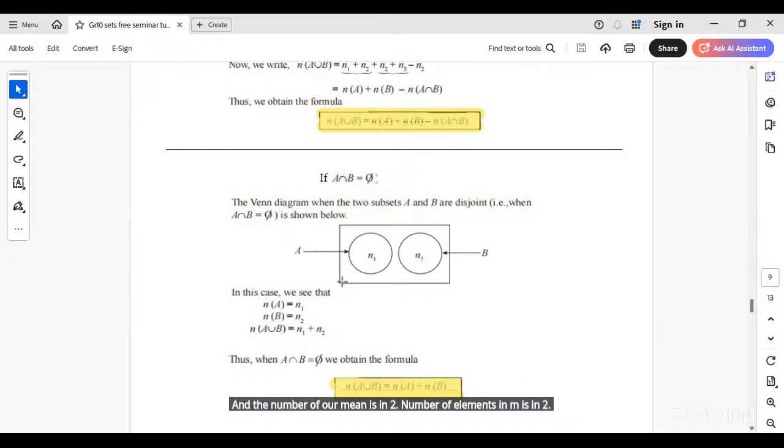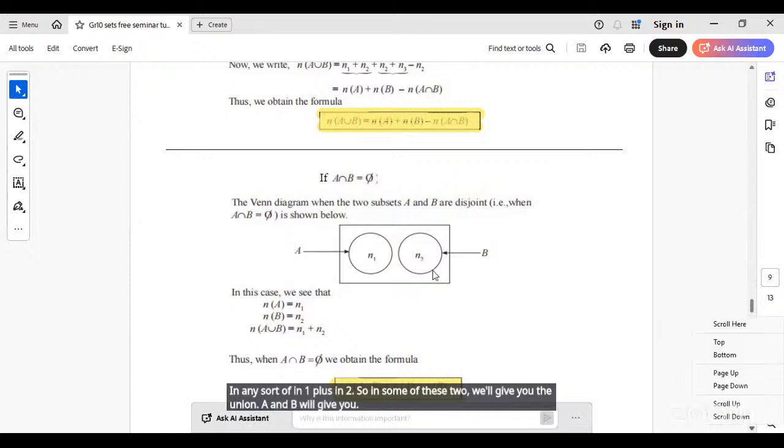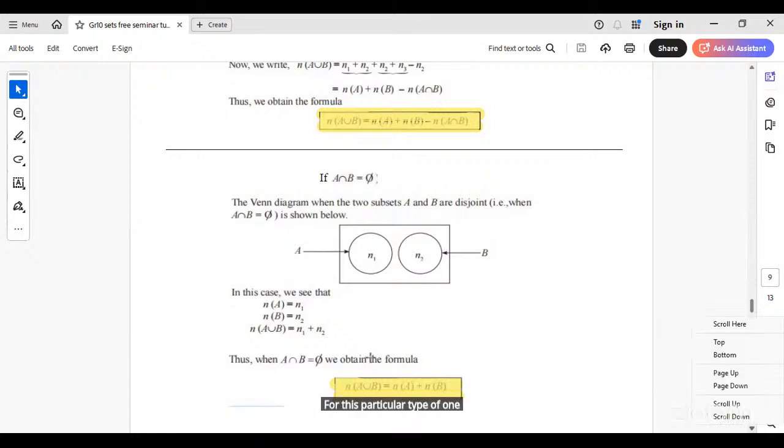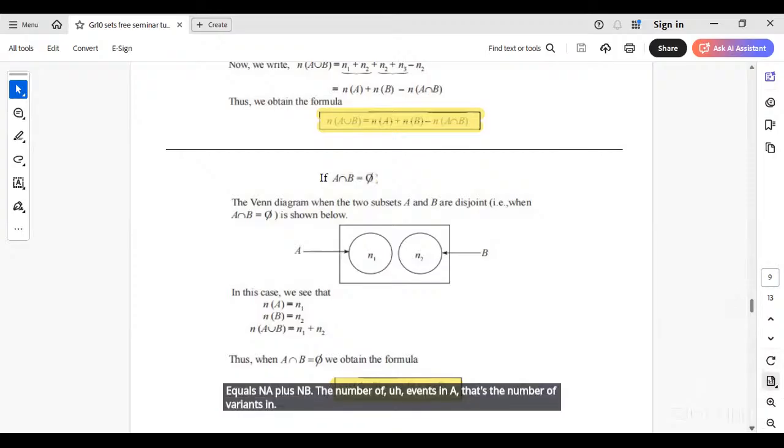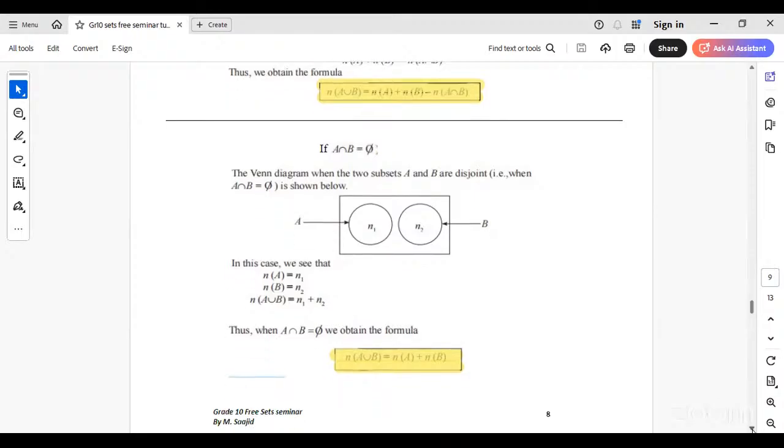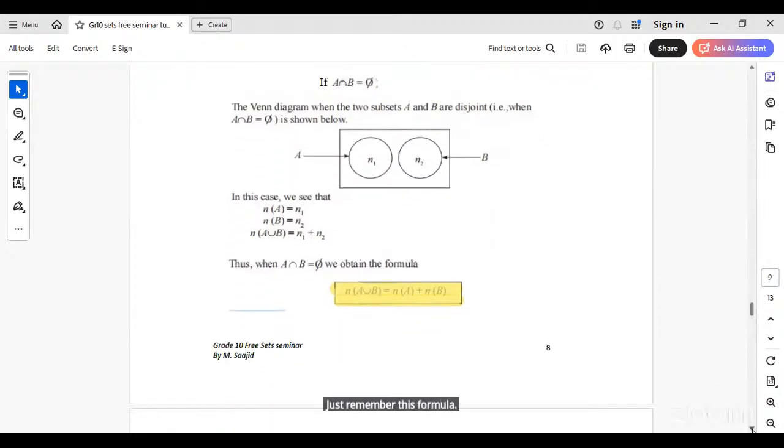In A union B it is N1 plus N2, so the sum of these two gives you the union. For this type, the equation is N(A union B) equals NA plus NB, the number of elements in A plus the number of elements in B. Just remember these formulas because sometimes they might be needed.